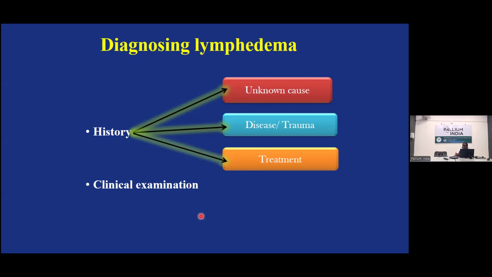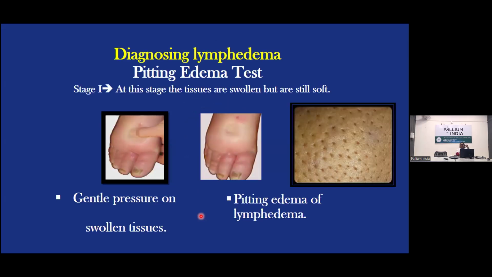Then if you decide this person has lymphedema, you can do the clinical examination. Again, there are 4 stages: stage 0, 1, 2, and 3. Stage 0 is no edema; the patient has cancer, mastectomy is done, but there is no edema.